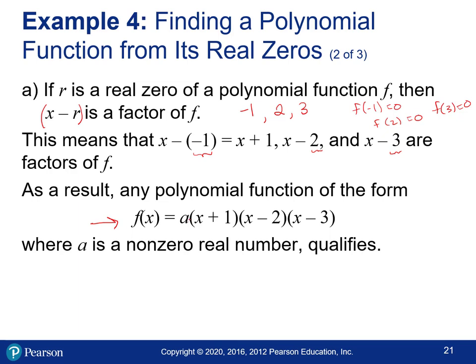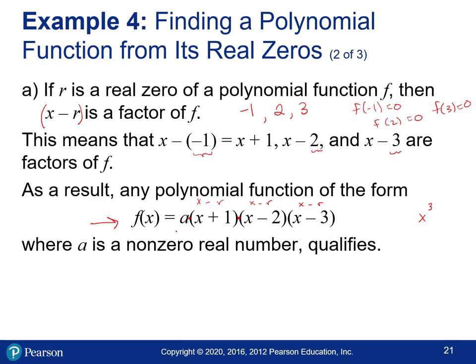Notice we have invisible multiplication in between here. These are all x minus r for our 3 zeros that were given. And it's degree 3, so there are no other factors, because if you were to multiply this out, you would have an x times an x times an x, giving us degree 3.